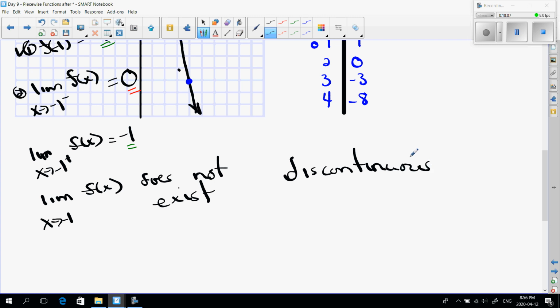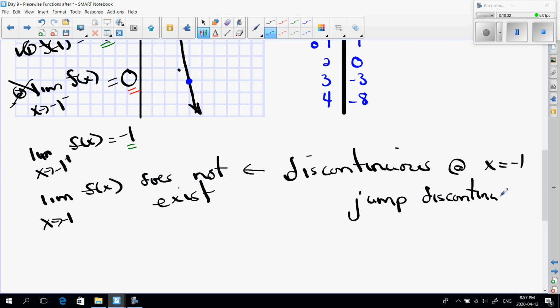It's discontinuous at x equals -1 because no limit exists at x equals -1. It fails condition number 2 of continuity. Now, this is actually called a jump discontinuity. And that's what our next video will focus on. Continuity. Types of discontinuity. Thank you.